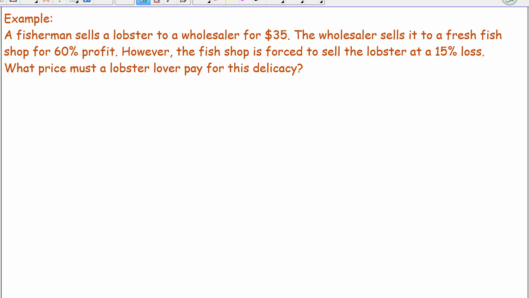Next example, a fisherman sells a lobster to a wholesaler for $35. The wholesaler sells it to a fresh fish shop for 60% profit. So 60% profit, let me use the blue one. That is basically percentage increase, because they are going to make more money, so increase.